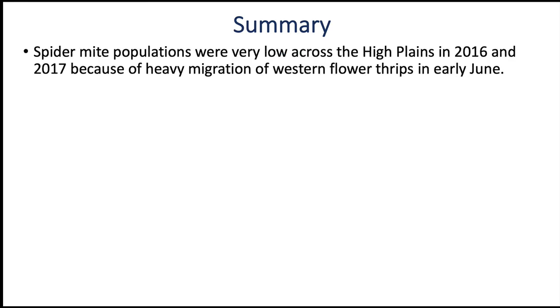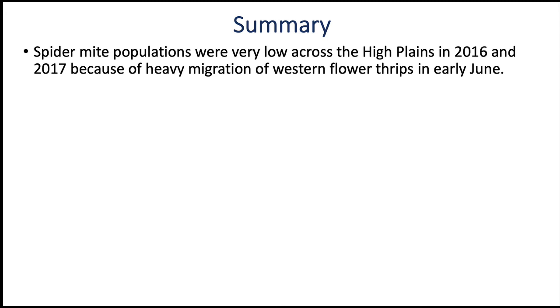So in summary, our spider mite populations were very low across the high plains in 2016 and 2017. And that was primarily because of the heavy migration of the western flower thrips earlier in June. But later in the season, they did build up to damaging levels.